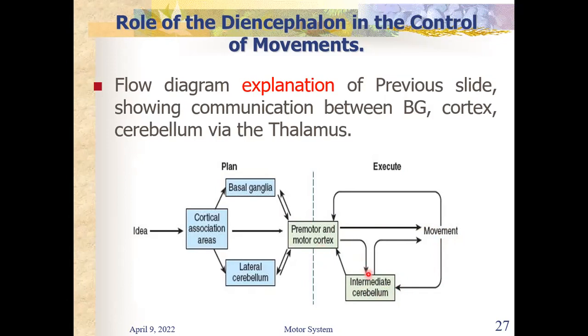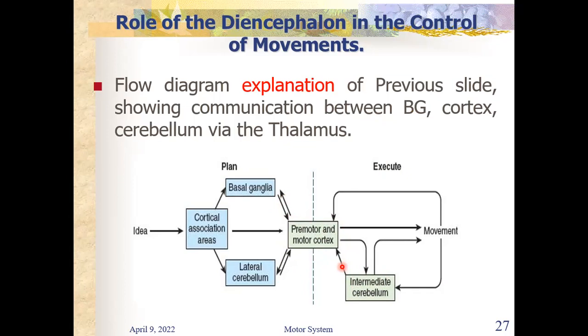As the intermediate cerebellum funnels the sensory information back into the premotor and motor cortex, it also passes by way of the thalamus. So that's why I said this flow diagram explains the previous slide, showing the communication between the basal ganglia, the cortex, and the cerebellum by way of the thalamus. The thalamus is located here, here, and also here.